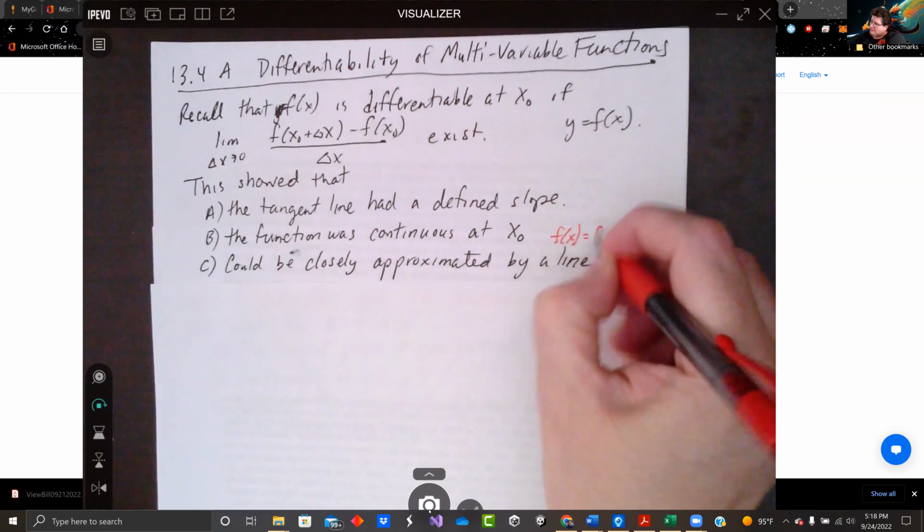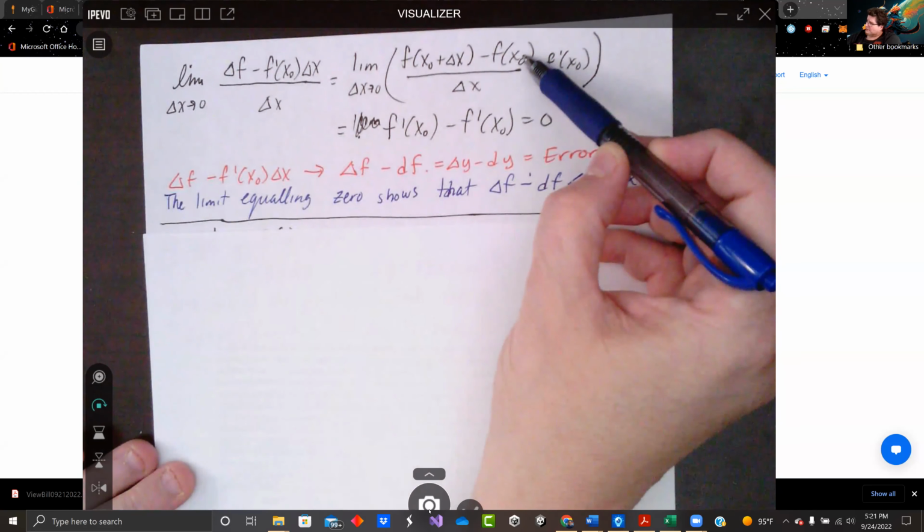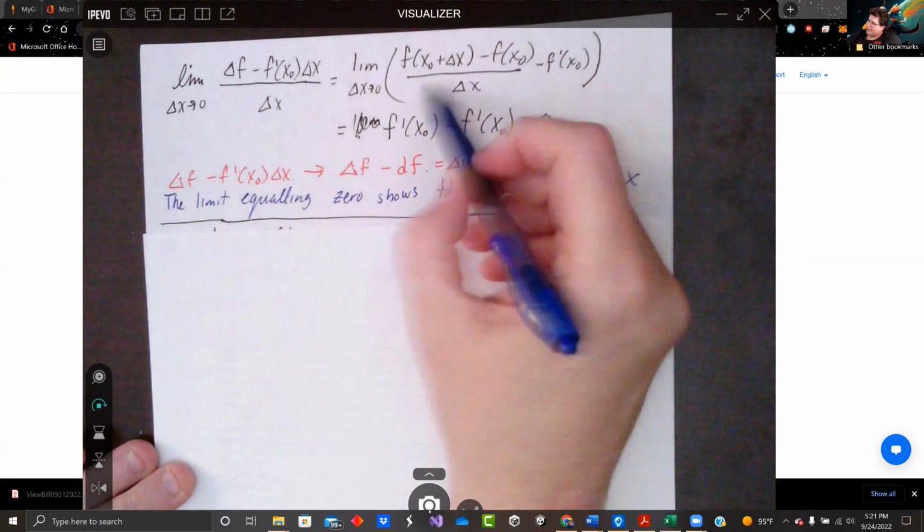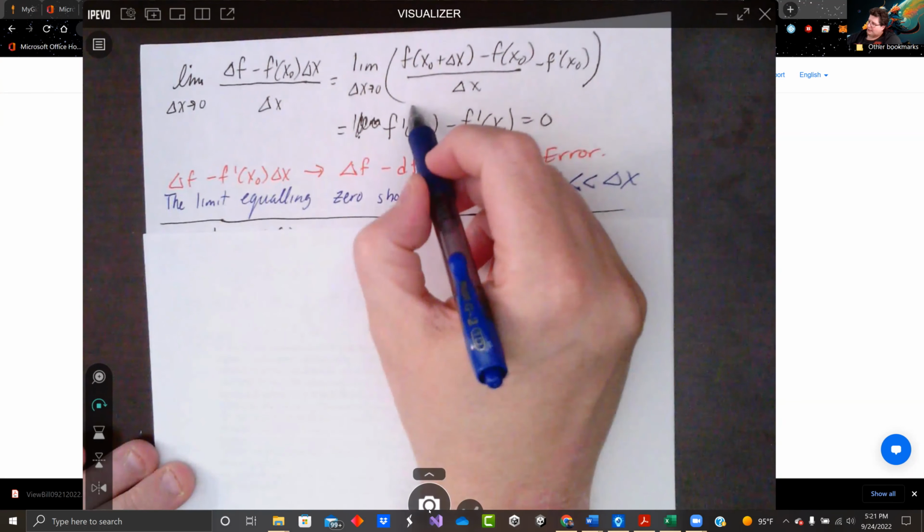We divide by delta x. We break it out into 2 pieces, and we replace what delta f means. It's f of x naught plus delta x minus f of x naught. And this gets broken up. We know this limit right here is f prime of x naught. That's the definition.